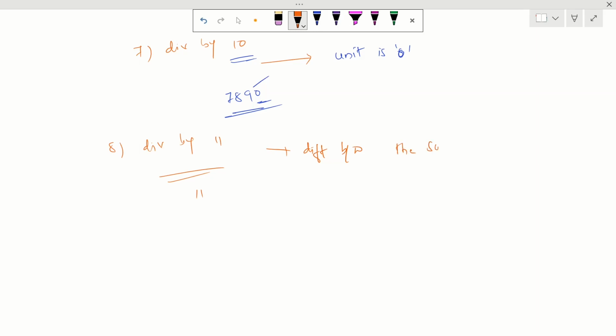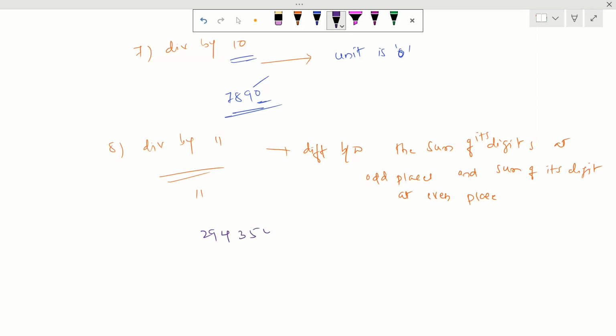at odd places and the sum of its digits at even places. Suppose I am giving the number 294, any big number can be given.